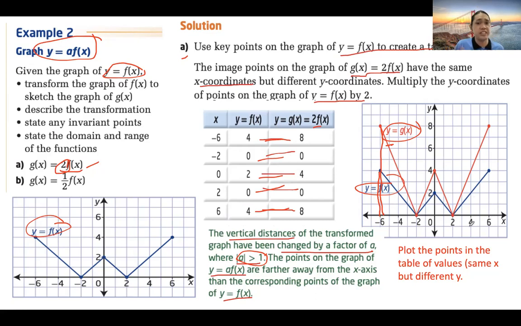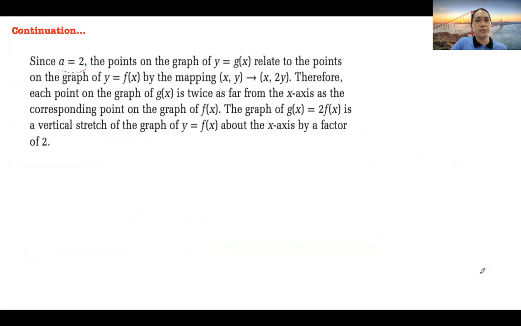We're talking about the vertical distance here. Look at it carefully. Of course it's farther away along the x-axis, as I have said. Now let's continue.